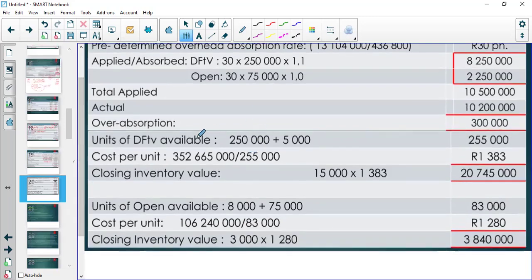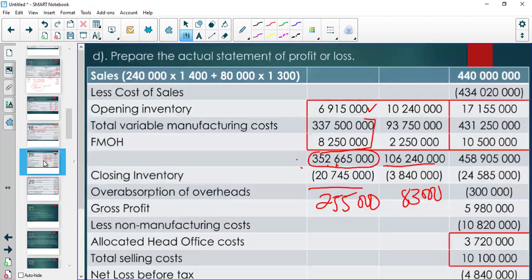Right, so for DFTV, we have 255, and this is the cost of all the units. You remember it's here, 352,665. It includes opening inventory because we're using weighted average. If we were using first in, first out, this figure here would exclude your opening inventory, and then the calculation would proceed exactly the same.